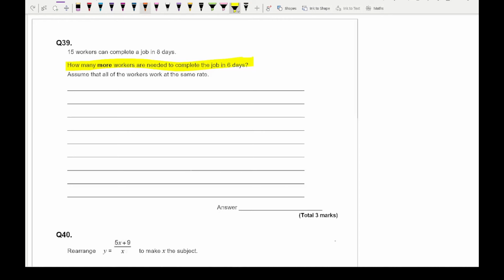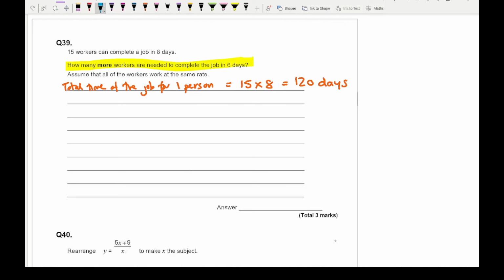So for this, what we need to do is first of all work out the total time of the job for one person. So for that, what I need to do is do 15 times 8, which gives me an answer of 120 days. Now for this, what I then want to do is work out the formula.